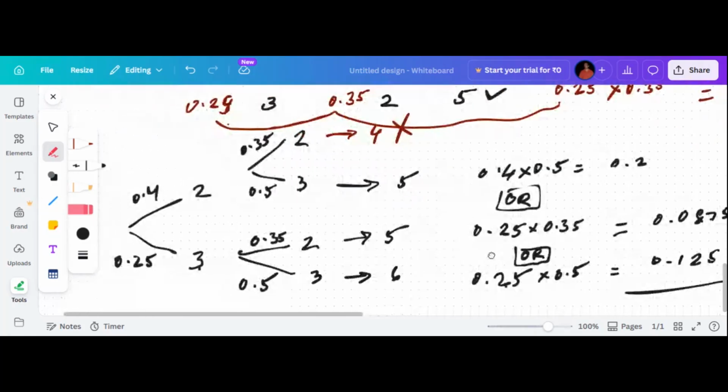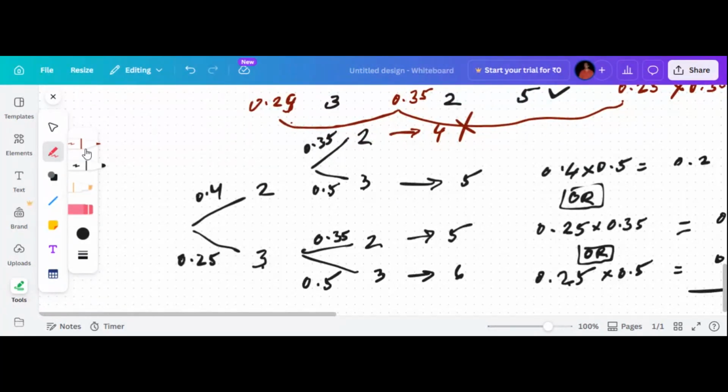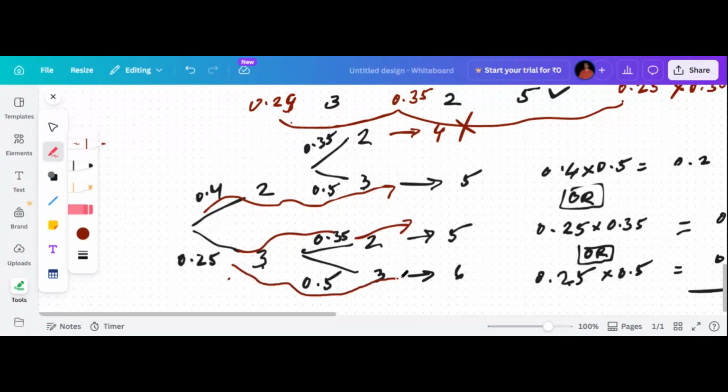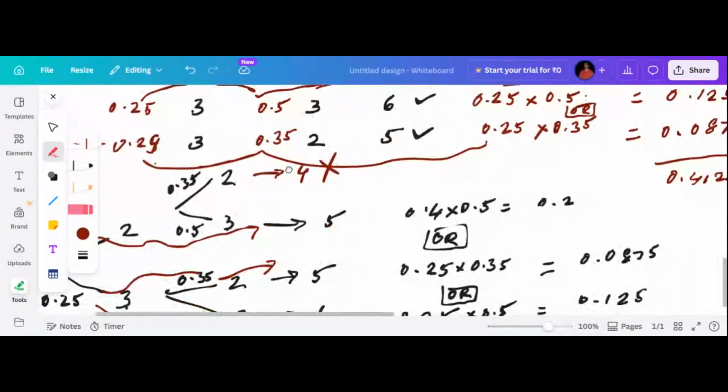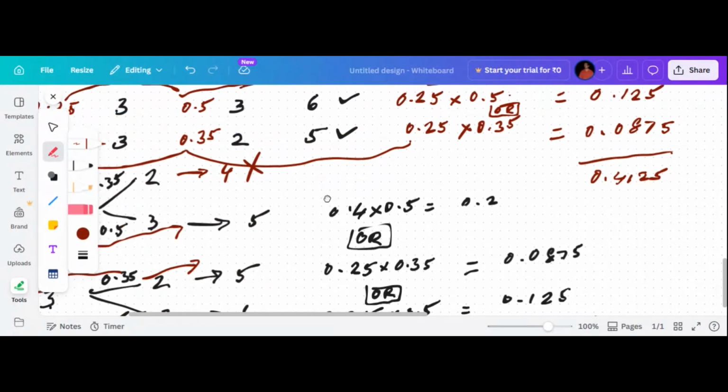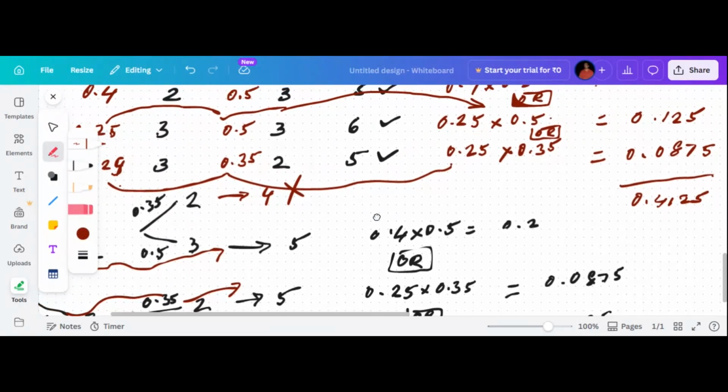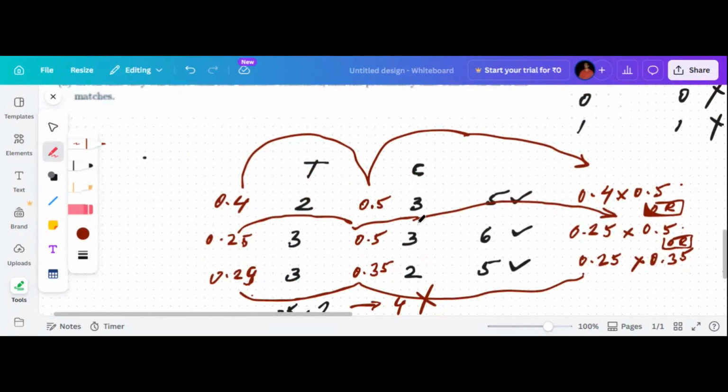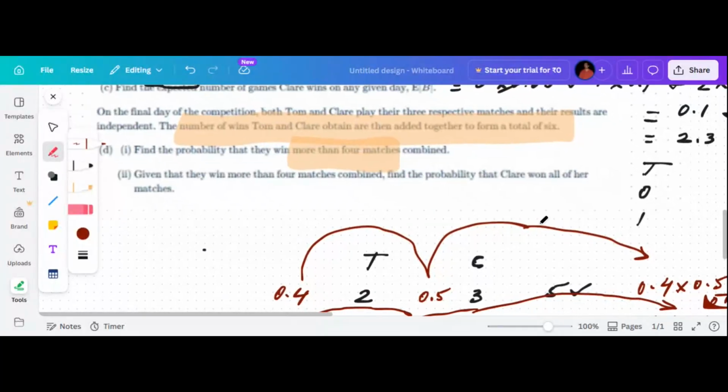These are the only possibilities, 1 or 2 or 3, so we add up all three. We get 0.4125. So the probability that they post a total greater than 4 is 0.4125. Now, the last part.